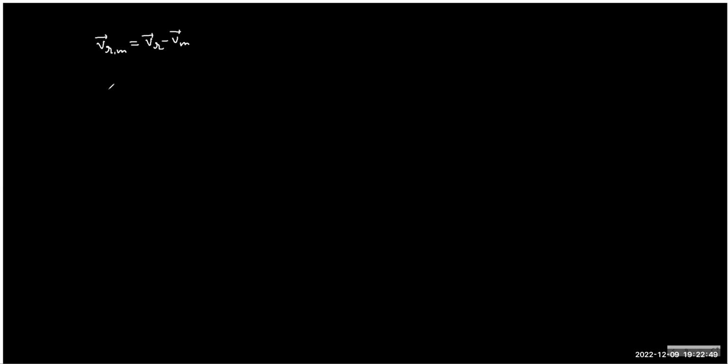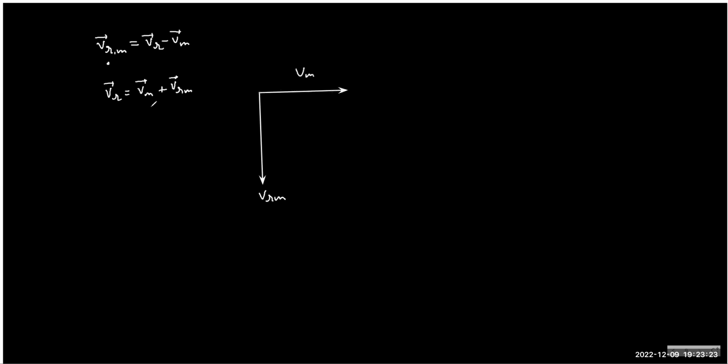In that case, the diagram will change because they have given this value. So we write VR equals V man plus VRM. We just add, we don't reverse anything. Let's say the man sees the raindrop falling vertically downward. If the man is saying something, I will say this is VRM. And then the man is going towards the right. So I will add the man's velocity like this also. Why?